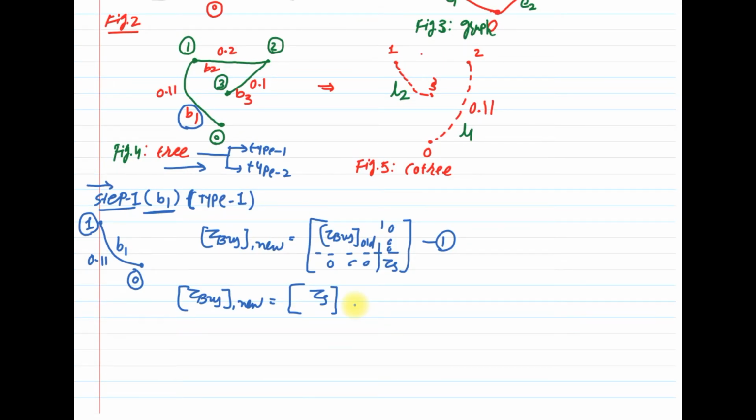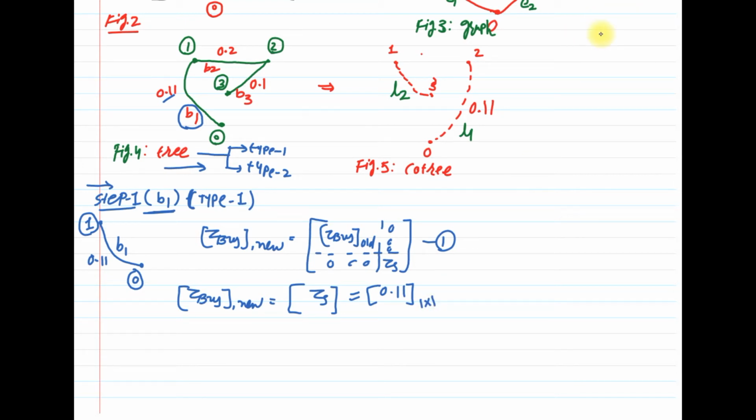So here we will get Z bus new is equal to ZS, which is equal to the value of first element B1, which is 0.11. And also I will write the size is 1 cross 1.